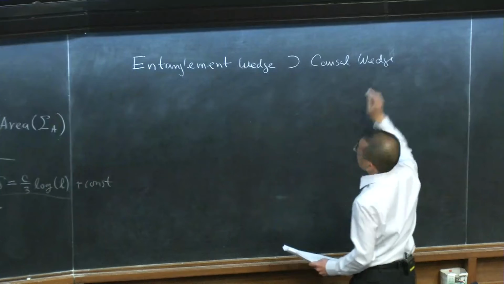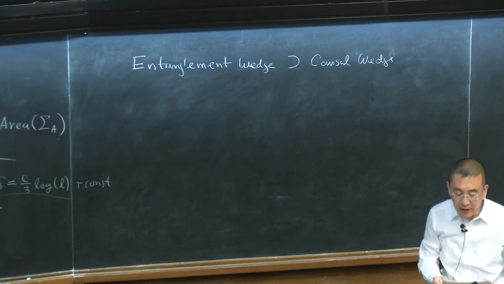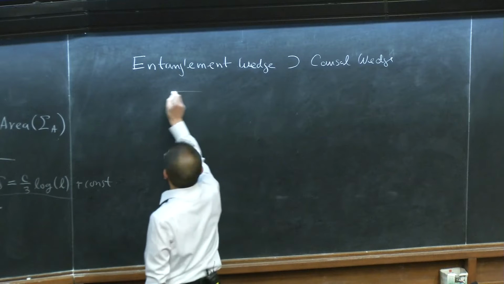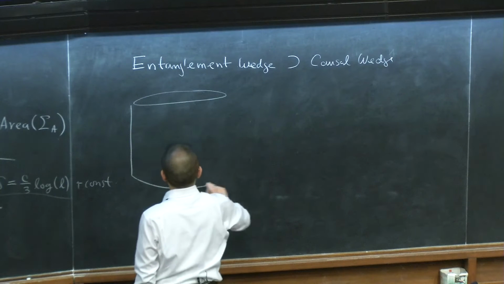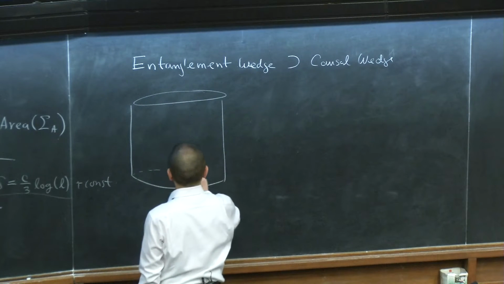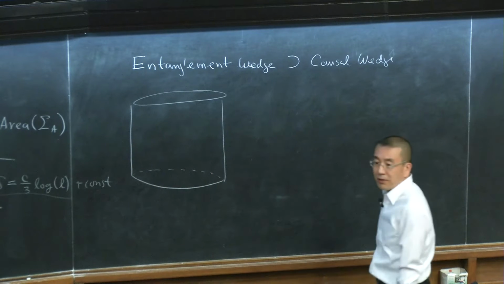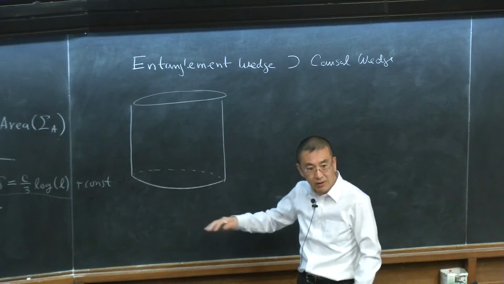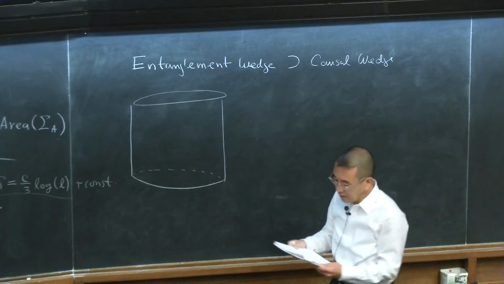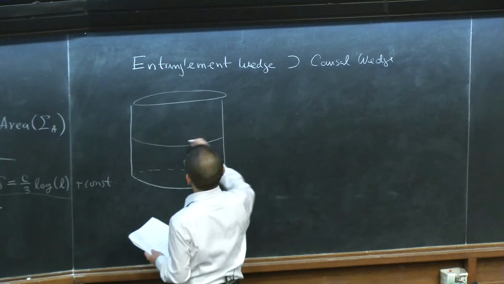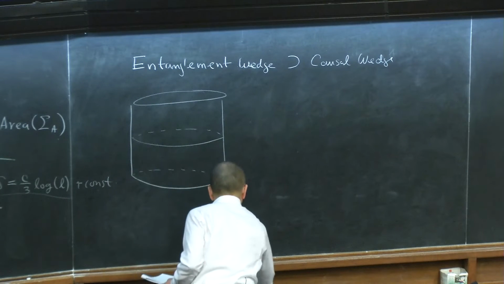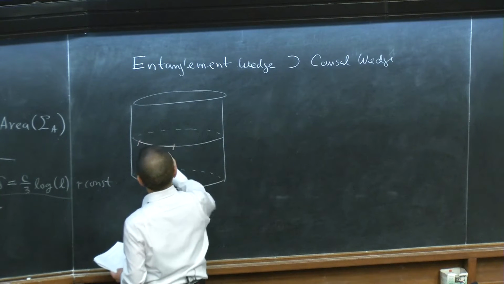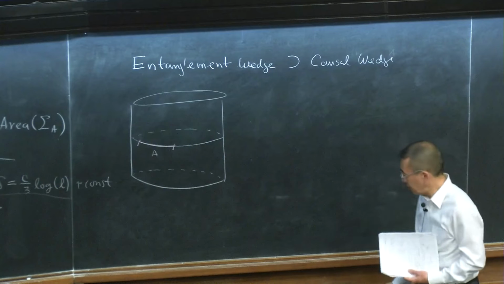So I have to first define what the entanglement wedge means. The entanglement wedge is the following notion. Suppose you have a state which asymptotes to anti-de Sitter space towards the boundary. So you have some solution to the gravitational equations satisfying the AdS boundary condition. And consider some space-like section of this. And then, again, as usual, I consider some space-like section A, for example.